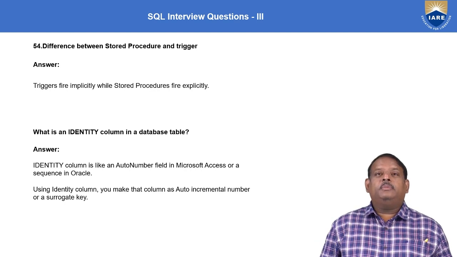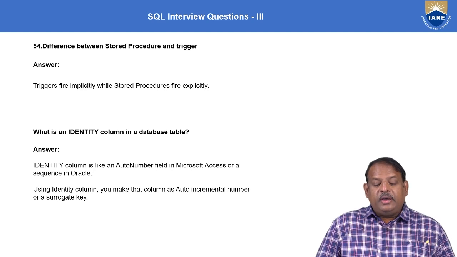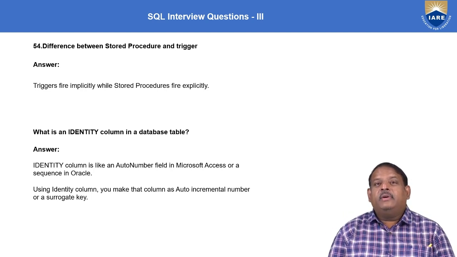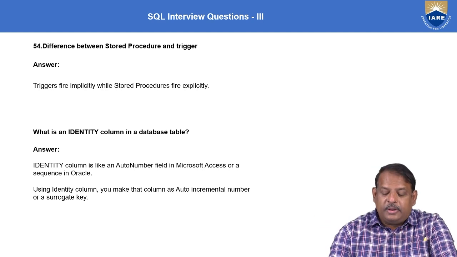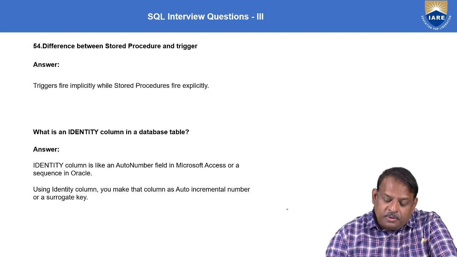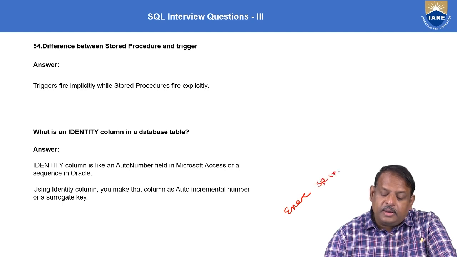Okay, differences between a stored procedure and triggers. Triggers will fire automatically, while stored procedures are called explicitly. How do you call a stored procedure? You call exec, the name of the stored procedure, say sp underscore insert data. This is how you call the stored procedure.